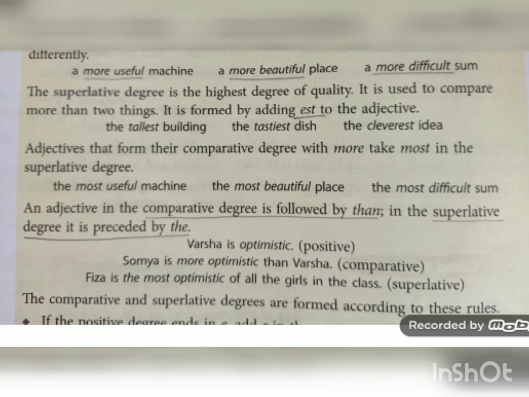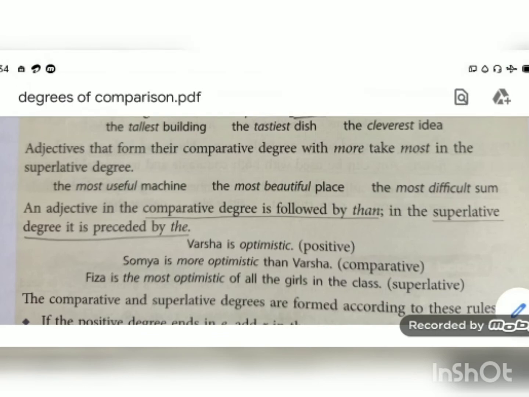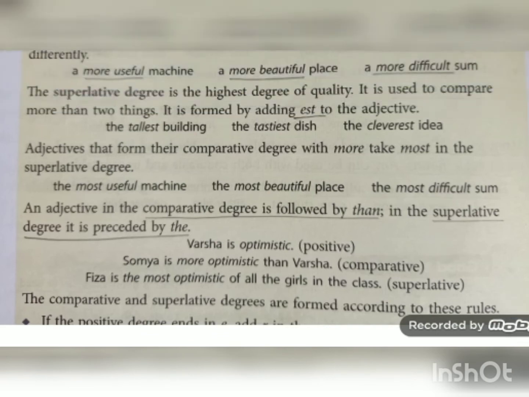Soumya is more optimistic. Optimistic is an adjective which has 4 syllables, so we have to add more in comparative degree and most in superlative degree. So Soumya is more optimistic than Varsha. So than is used after the given adjective, that is optimistic.